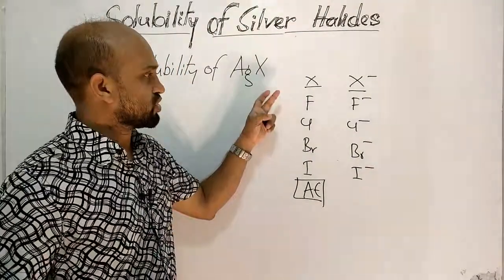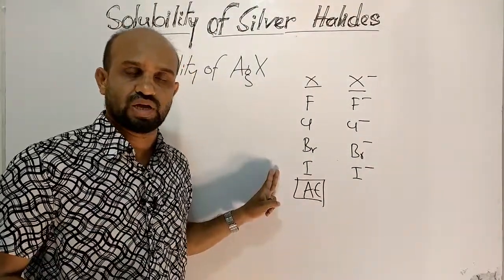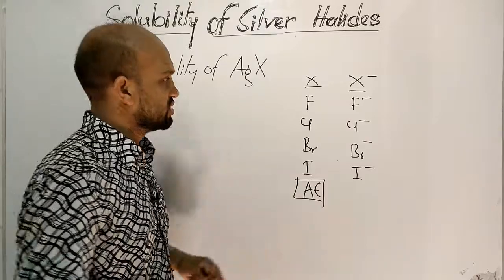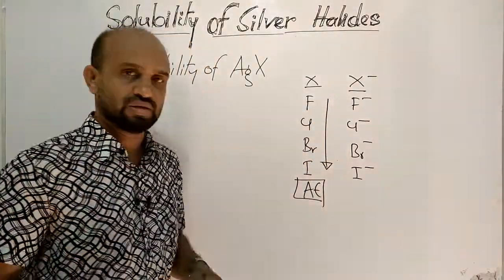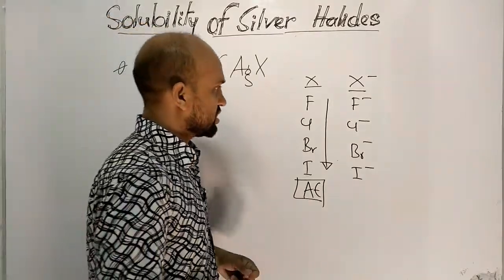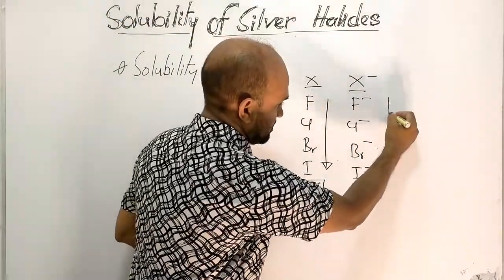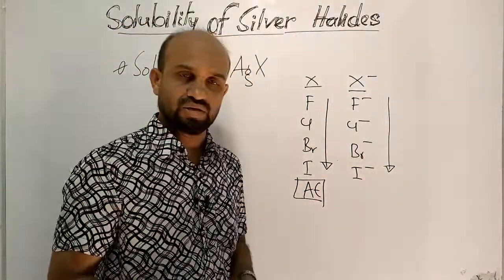We know from top to bottom along a column in the periodic table, atomic sizes increase, and at the same time anionic sizes increase as well.